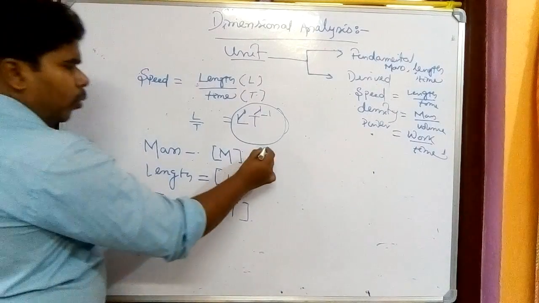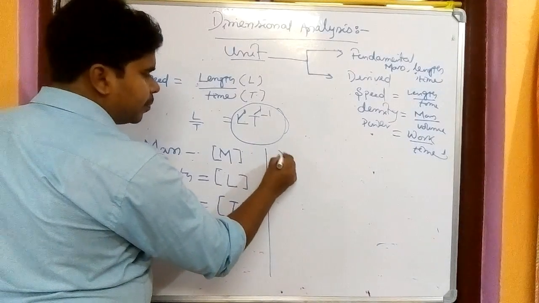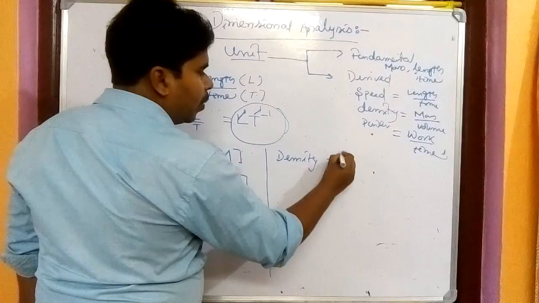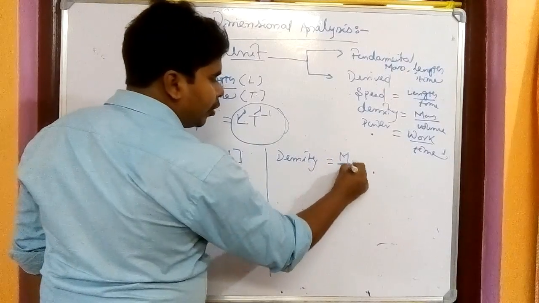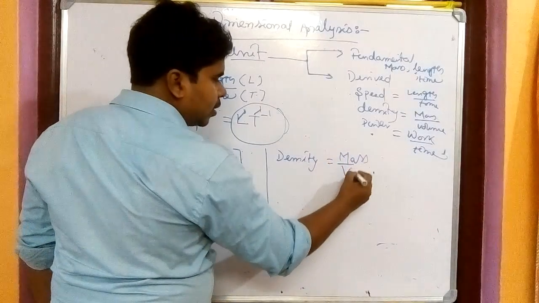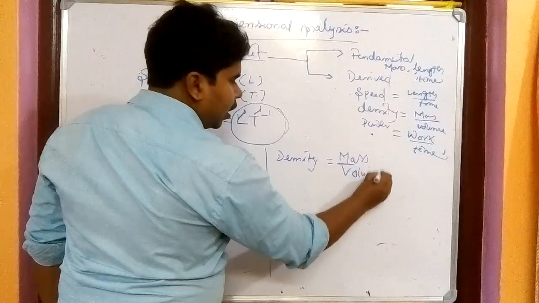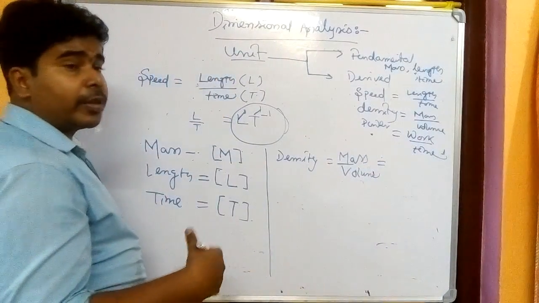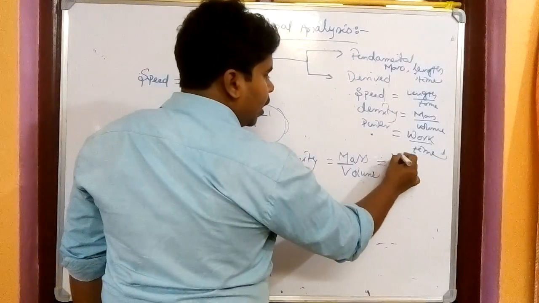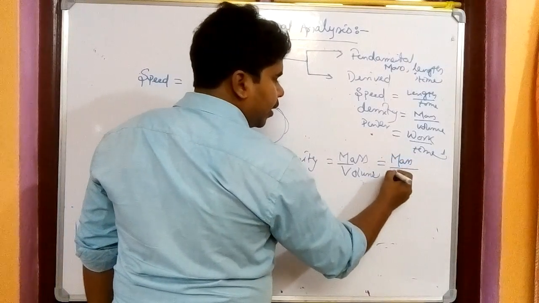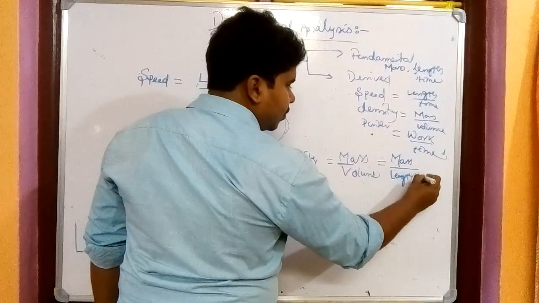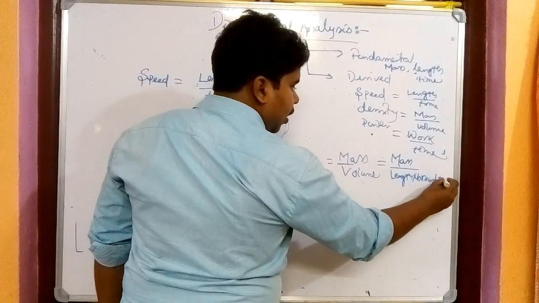I am giving one more example, just like density. Density is what? We know, mass by volume. And volume means what? If I am talking about the volume of a cuboid, it is mass by length into breadth into height.